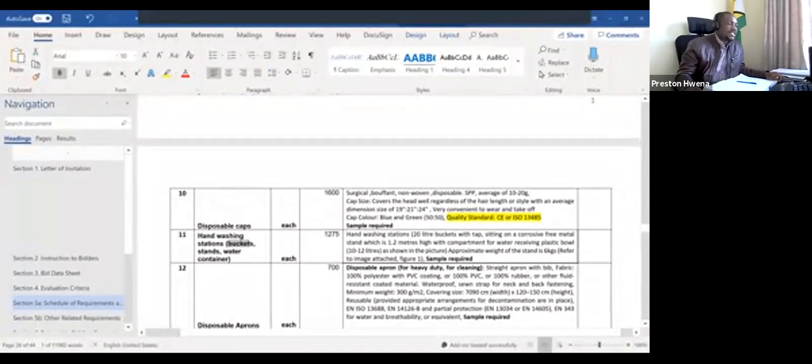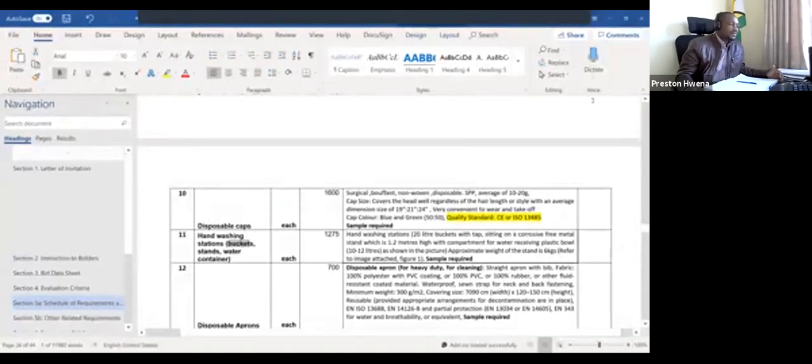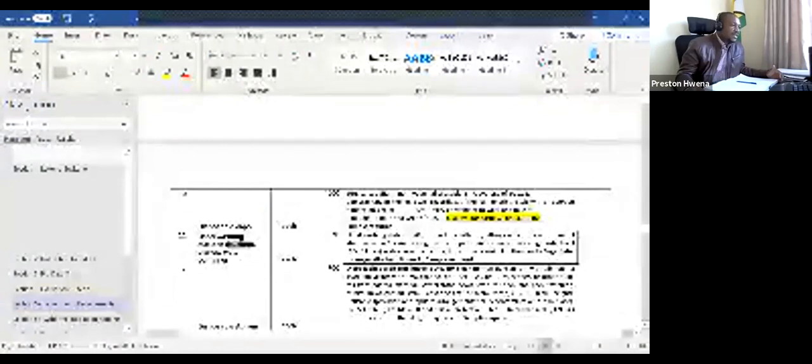Let's say somebody is able to provide the 20-liter buckets only with taps, we'll be looking at that. Then if somebody is able to provide the stands only, we'll also look at that. Then the water containers, we'll also look at that.